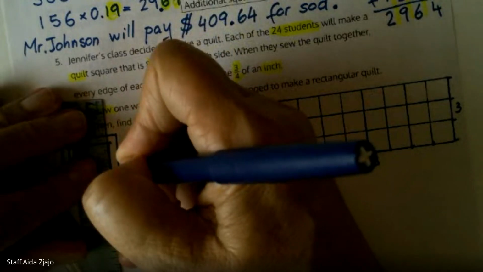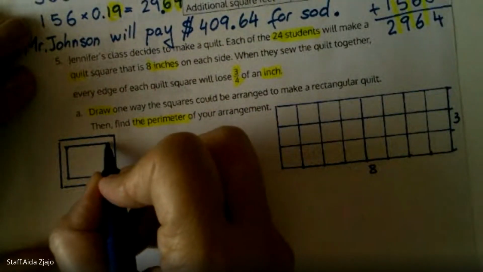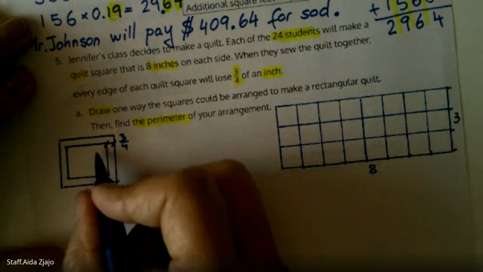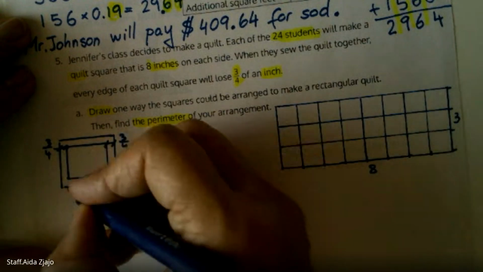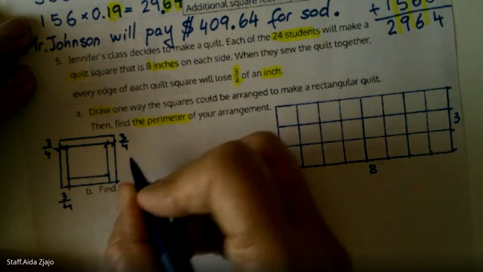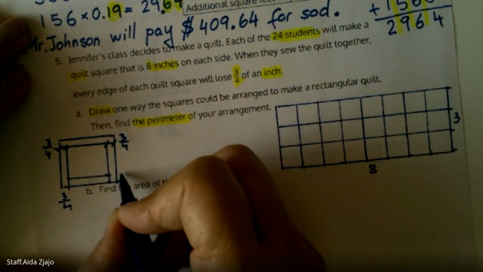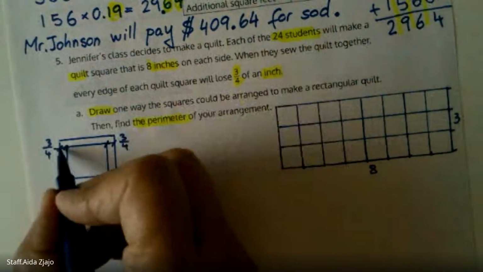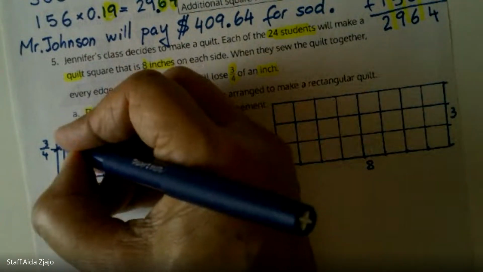smaller than 8 inches. So this part right here is 3/4 inch less, and then this is also 3/4, and then here 3/4 less. So you will lose here 3/4, and here and here, and then also here and here, 3/4 of an inch will be lost.